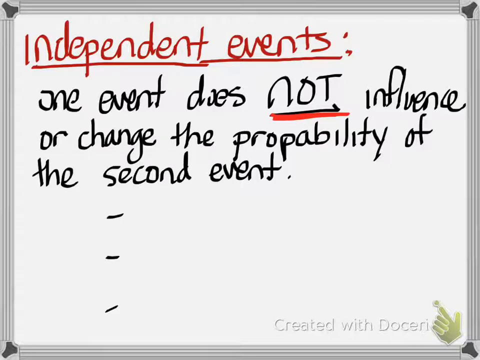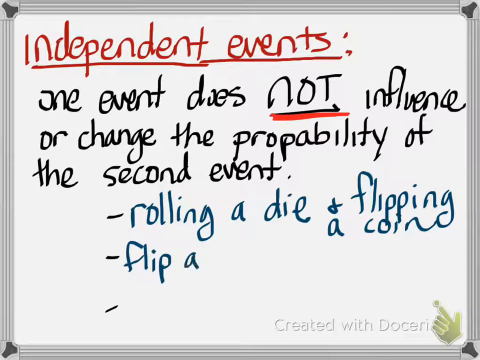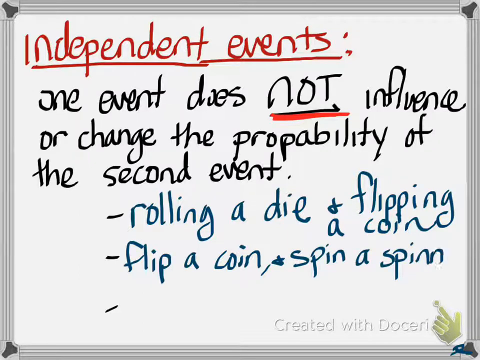So one example would be rolling a die and flipping a coin. I could also flip a coin and then spin on one of those color wheels.